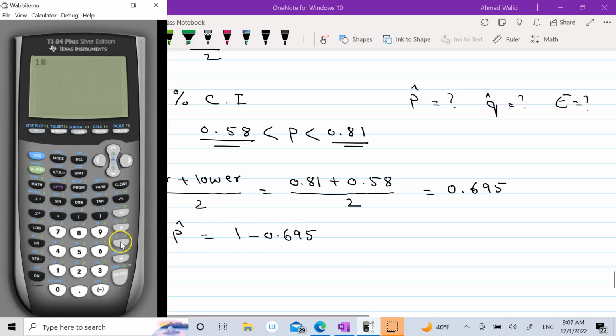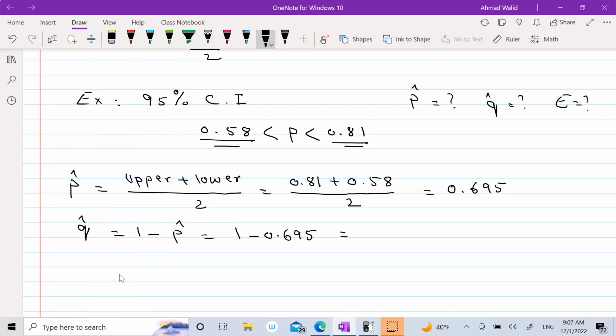One minus 0.695, which is equal to 0.305. That will be your q hat.